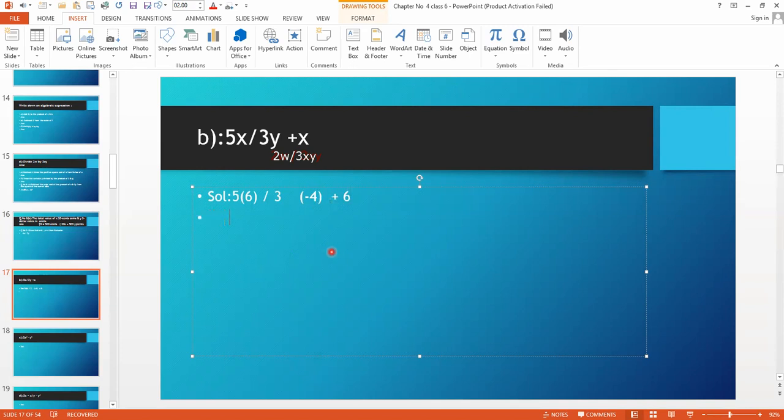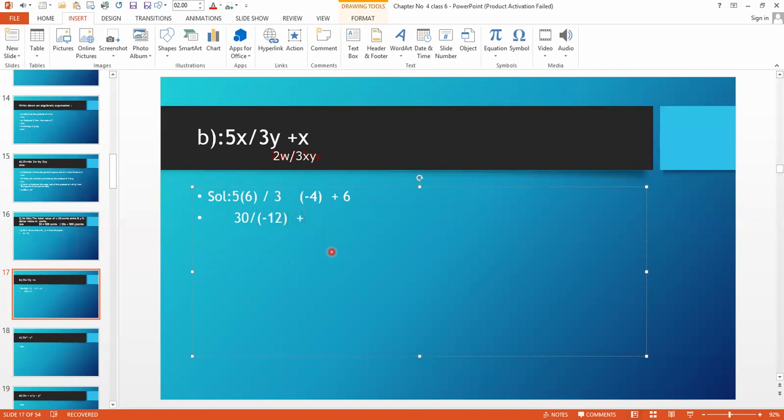Very easy. First, we have to multiply 5 with 6. 5 6s are 30. And then we have to divide it by 3y. What is the value of 3y? We have to put it in a bracket. It is equal to plus into minus, minus 3 4s are 12.